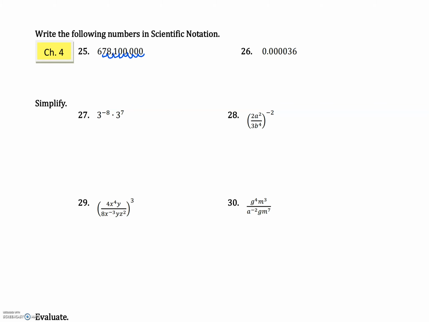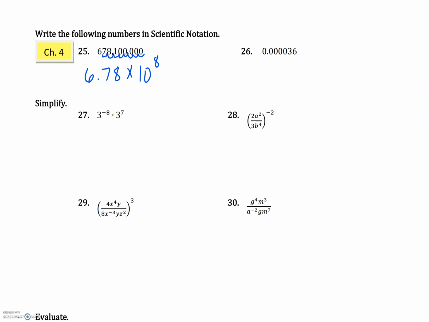For this one, we just moved it 8 times. So we can say that's the same as 6.78 times 10 to the positive 8. If we multiply 6.78 by 10 8 times, we get back to the original amount of the number. And that's scientific notation for number 25.